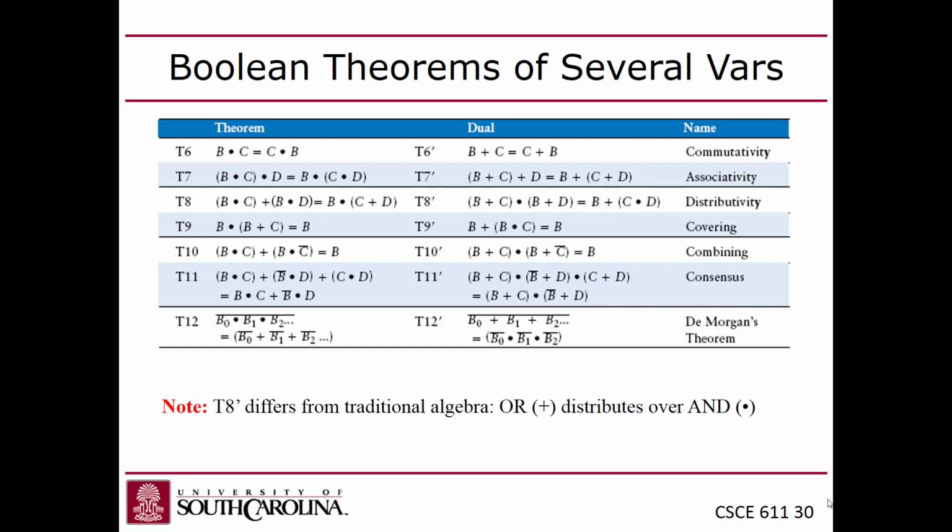Covering: each one of these has a dual, by the way, the AND version and the OR version. In this case, B or (B and C) is just equivalent to B.